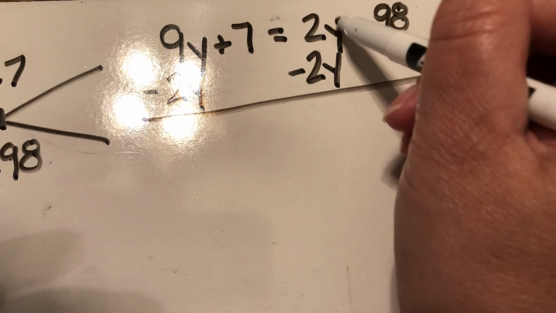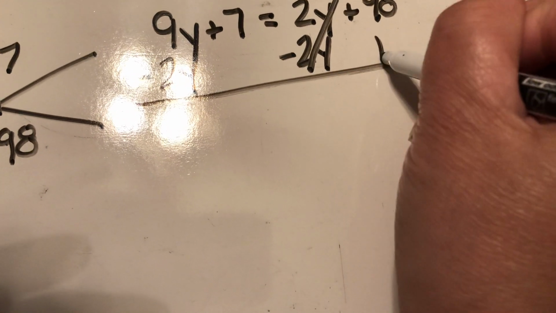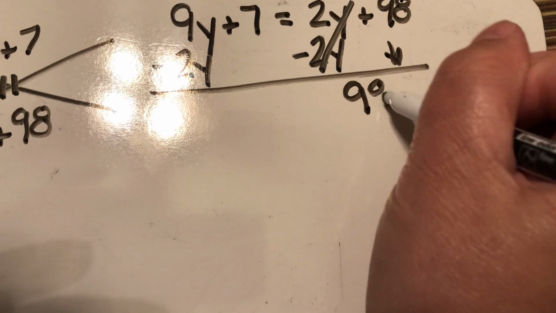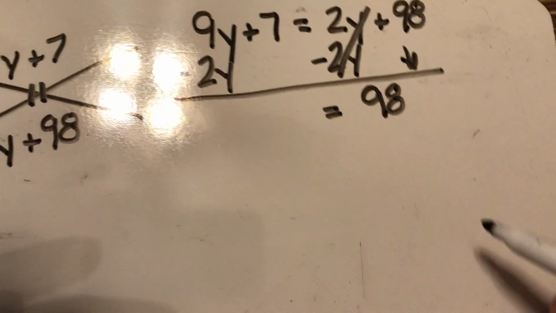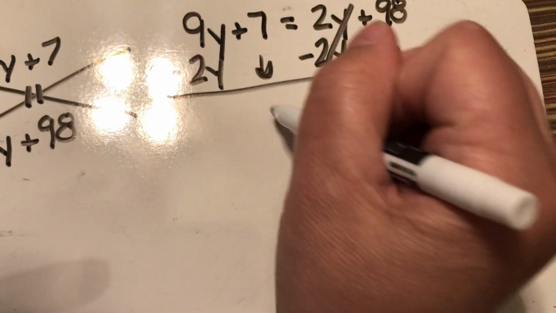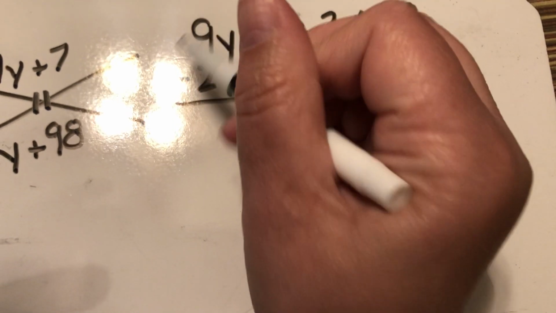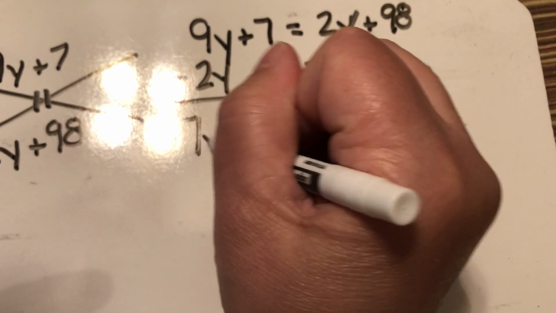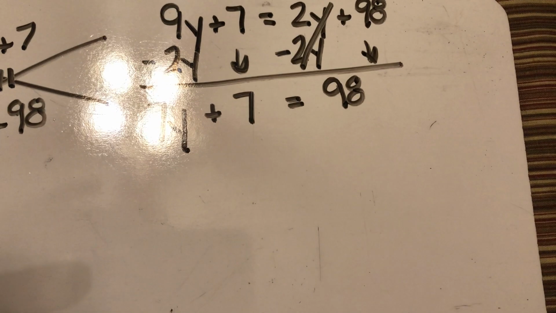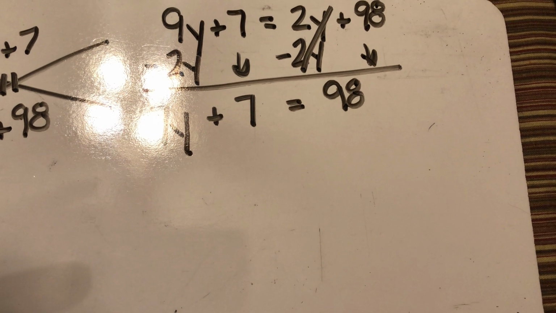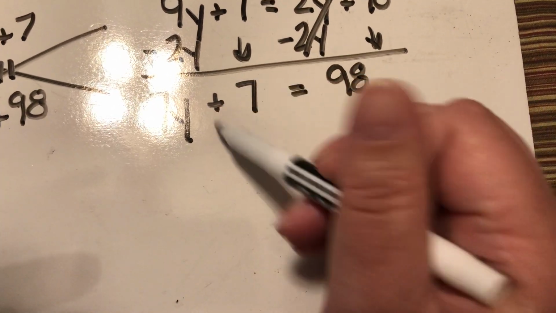So this becomes 0. I bring down my 98. And I bring down my 7. And 9 minus 2 gives me 7y. Now, inverse operations again, but now I'm going to take care of the plus 7.